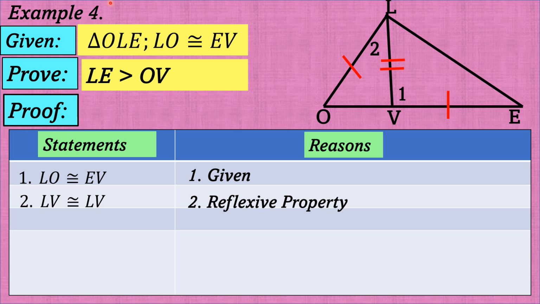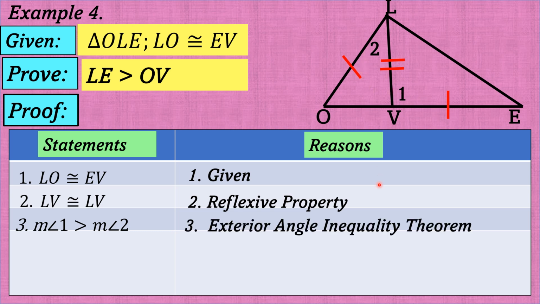So for our statement number 3, we can say that the measure of angle 1 is greater than the measure of angle 2, and that can be justified by the exterior angle inequality theorem. Now, since we have identified that the measure of angle 1 is greater than the measure of angle 2, we can also say that side LE is greater than side OV.